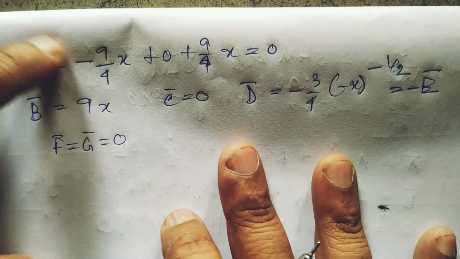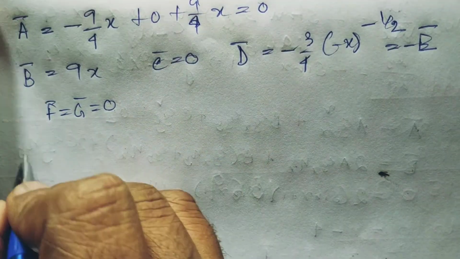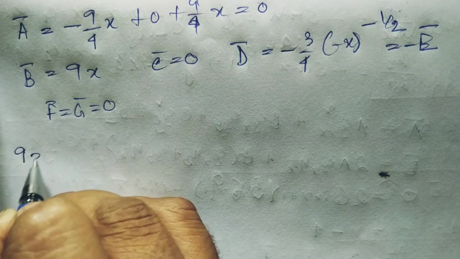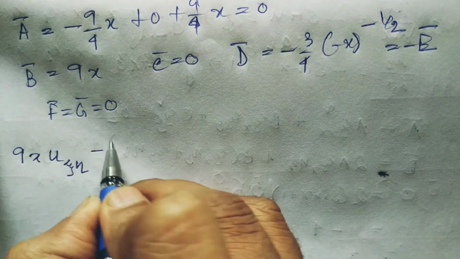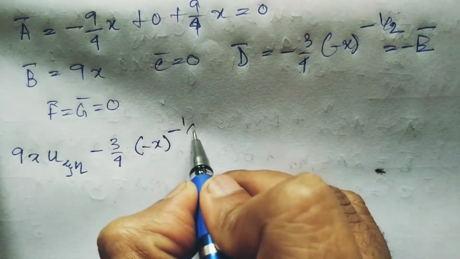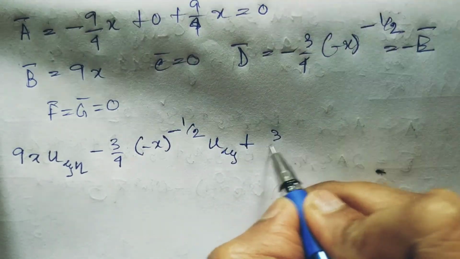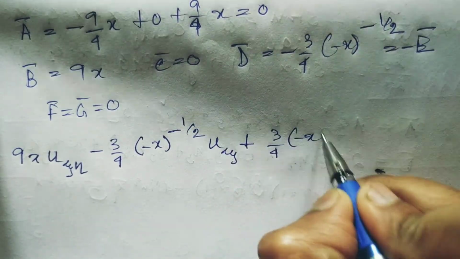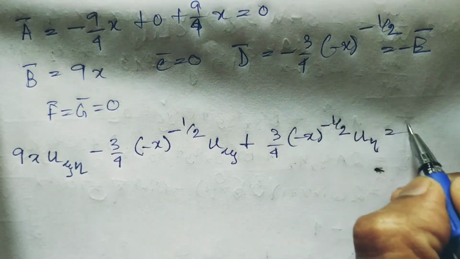So the required canonical equation is now 9x u xi eta plus 3 by 4 minus x to the power minus 1 by 2 u xi minus 3 by 4 minus x to the power minus 1 by 2 u eta is equal to 0.